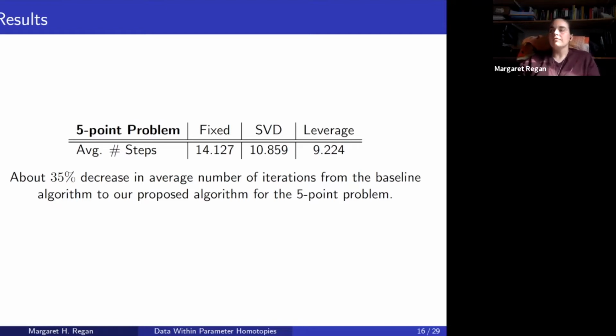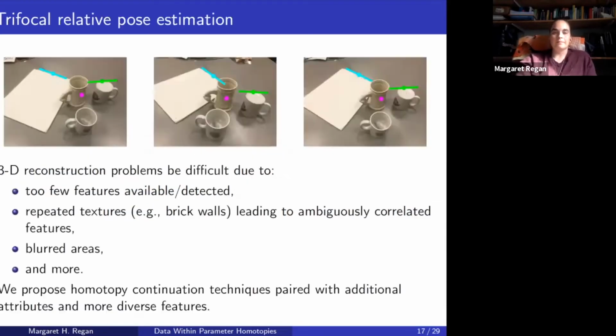And again, the 5-point problem only has 10 solutions, so the impact here, while significant, is not necessarily the largest that you could see. But for example, we have a problem that uses 3 cameras now, and they're called the Chicago and Cleveland problems that we have looked at.